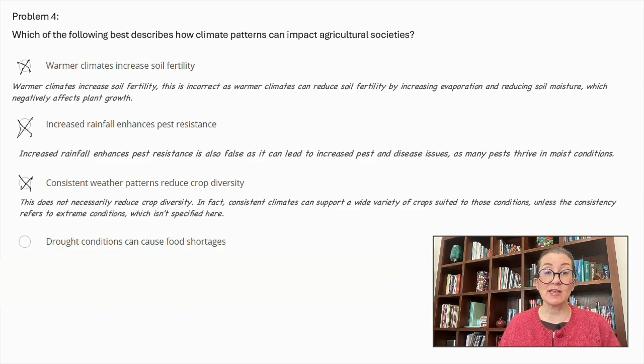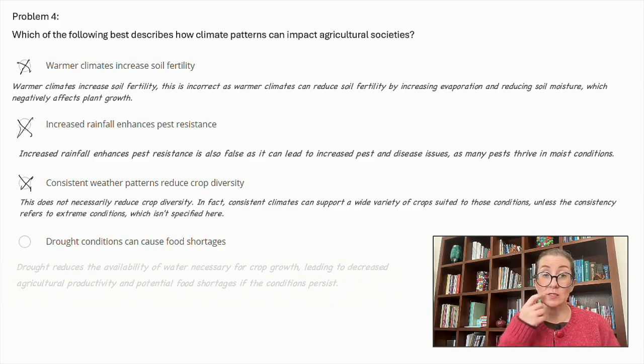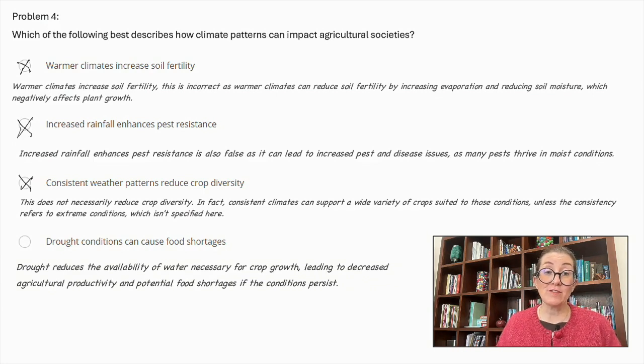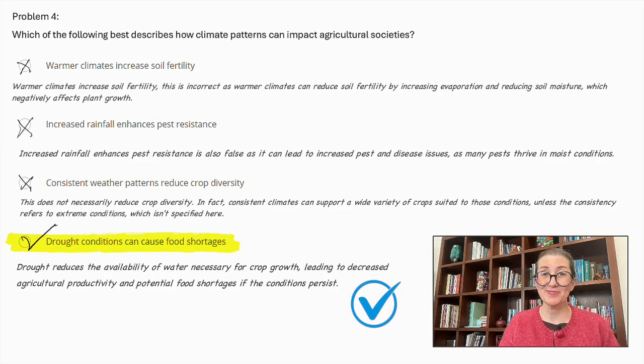Drought conditions can cause food shortages. Drought reduces the availability of water necessary for crop growth, leading to decreased agricultural productivity and potential food shortages if the conditions persist. So drought conditions can cause food shortages is the correct answer.